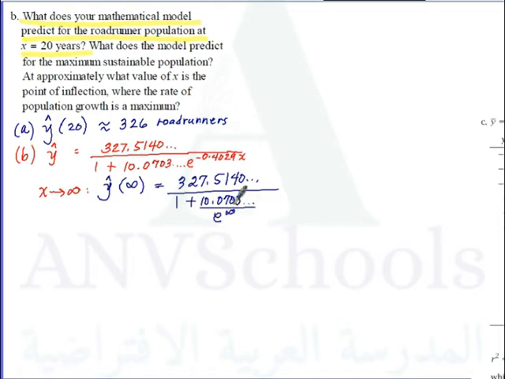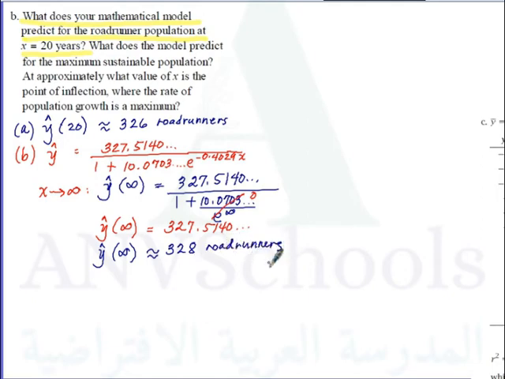If this is very large and this is very small, this can be taken as 0. Am I correct? That's why y for very large x would only be 327.5140, or approximately 328. The maximum allowable population of roadrunners that the preserve could sustain is 328 roadrunners. So that is for question number 2.